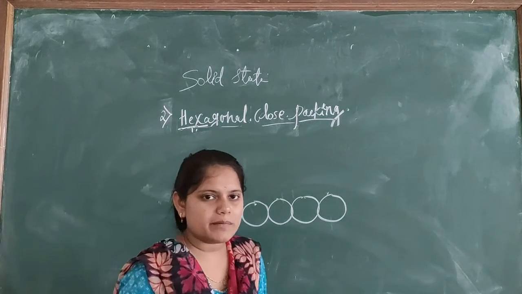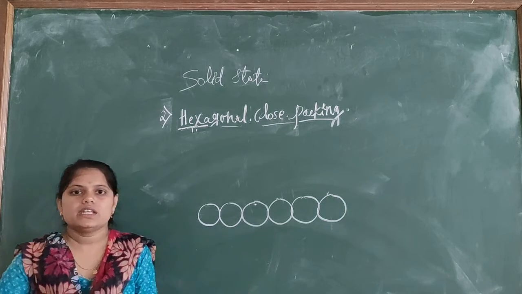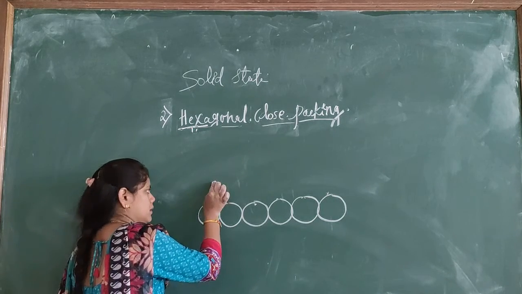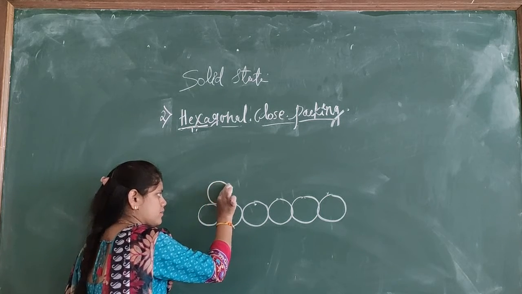Now the second row will be present in contact with the first row in a staggered manner, means the next row will be present in between the atoms of the first row, like this.